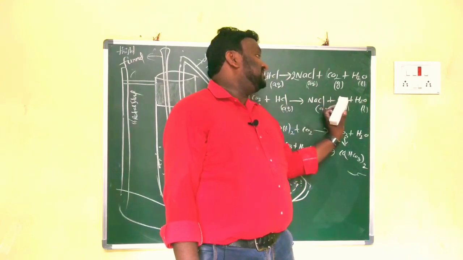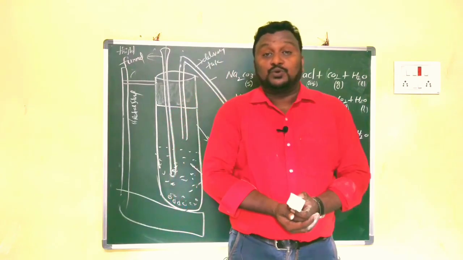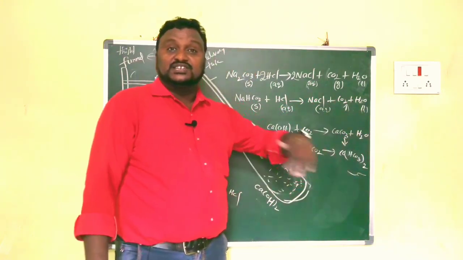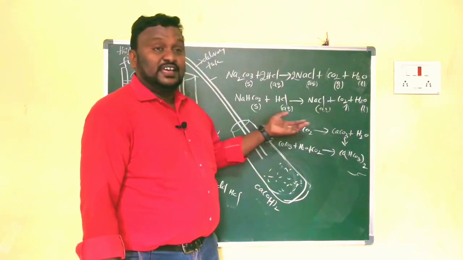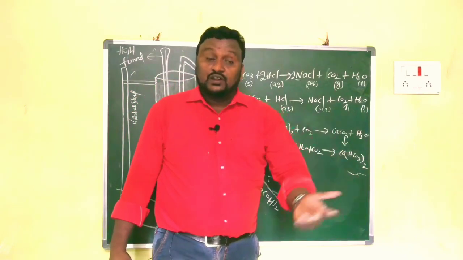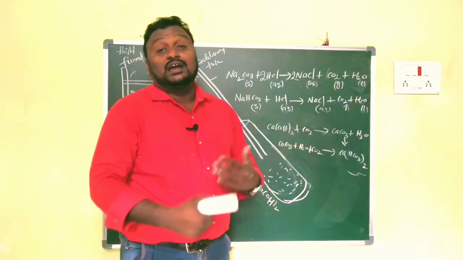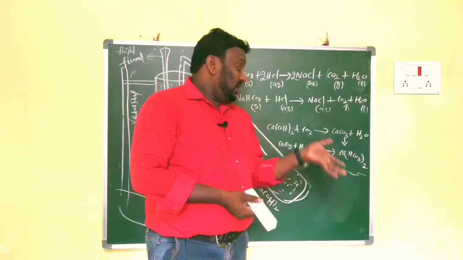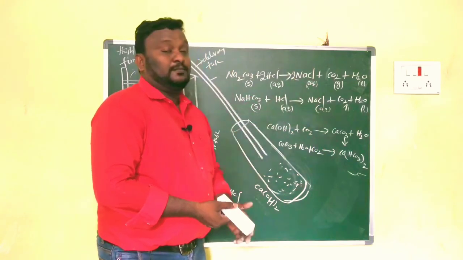Again NaCl, CO2 and H2O. Again as usual, the CO2 is liberated. That CO2 is mixed with some calcium hydroxide. Again CaCO3 precipitate. Again to make them dissolve, we have to add some more amount of CO2. Clear, children? So again same thing we are getting.